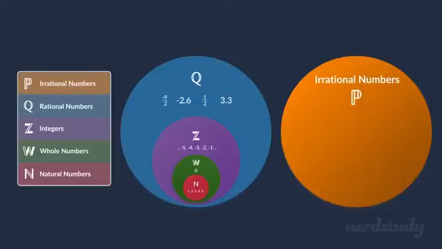An example of an irrational number would be pi. And we know that pi is a never-ending number that does not repeat with a constant decimal or in a patterned fashion. And this is what makes it irrational. Square root of 2 also turns out to be an irrational number, since it cannot be expressed as a fraction.